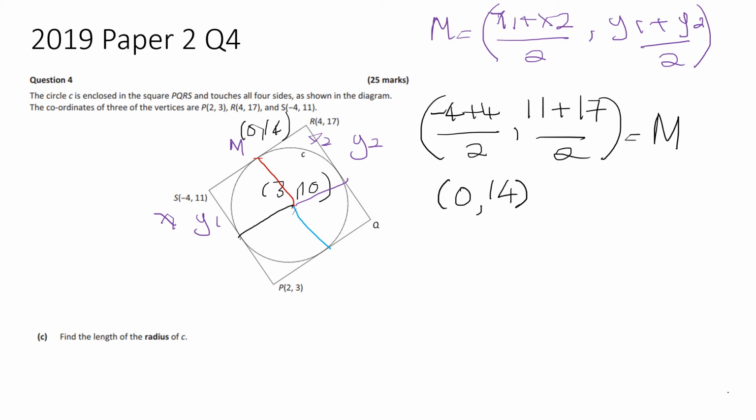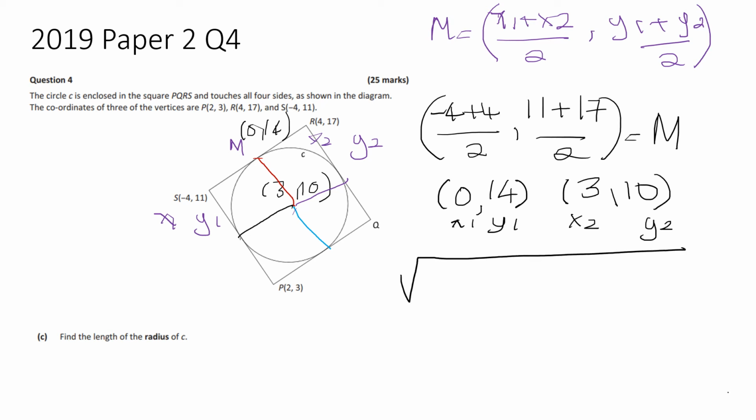So what I'm going to do now is, using (0, 14) and (3, 10), use the distance formula to find the length of the radius. So this is x1, this is y1, this is x2, and this is y2. And I'm going to put them into the distance formula: x2 minus x1 to be squared plus y2 minus y1 to be squared.